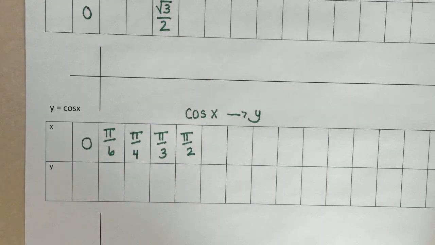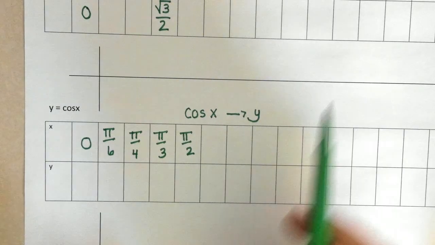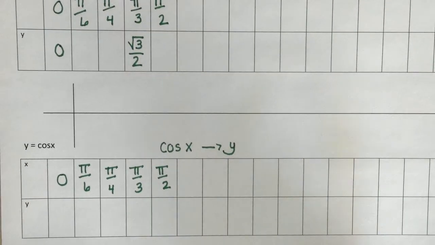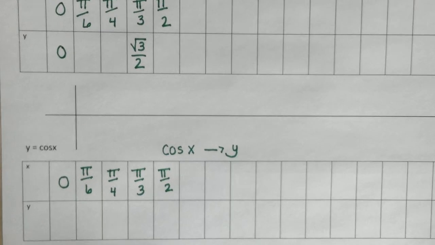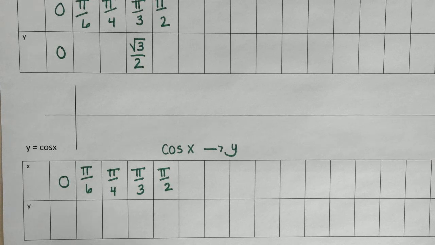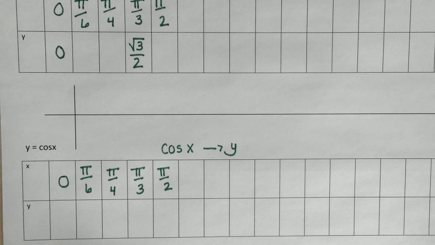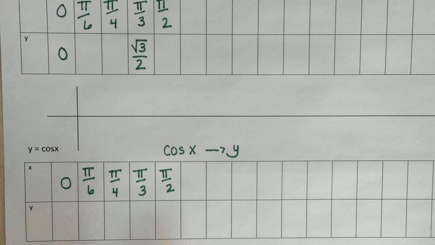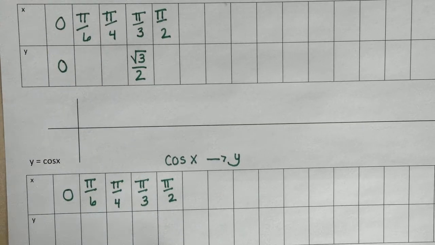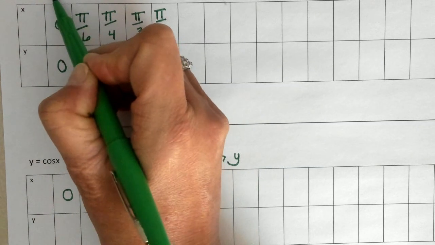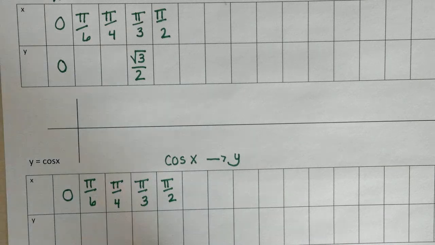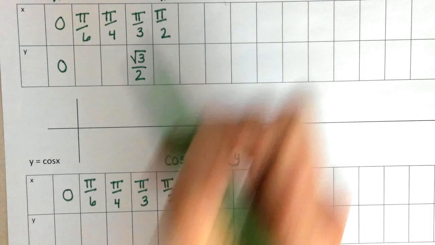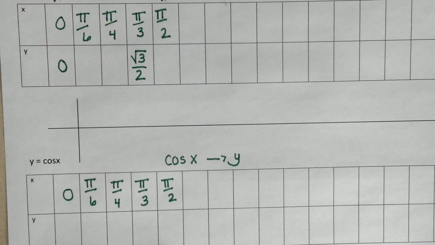All right, so then we need to graph it. What you're going to do is you are going to look for 5 key points. And those key points are going to be the ones that are easiest to graph. So like 0, 0. Pi over 2 is going to give you a nice number.